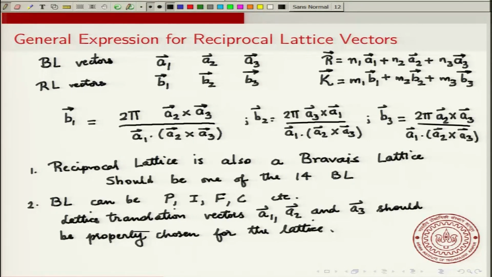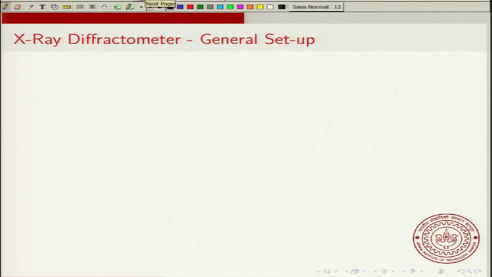Okay, but I'll stop discussing the concept of reciprocal lattice vectors for now, and now I want to go to the instrumental setup for the X-ray diffractometer. So, a typical X-ray diffractometer consists of a source of X-rays. I'll just show it this way: source.